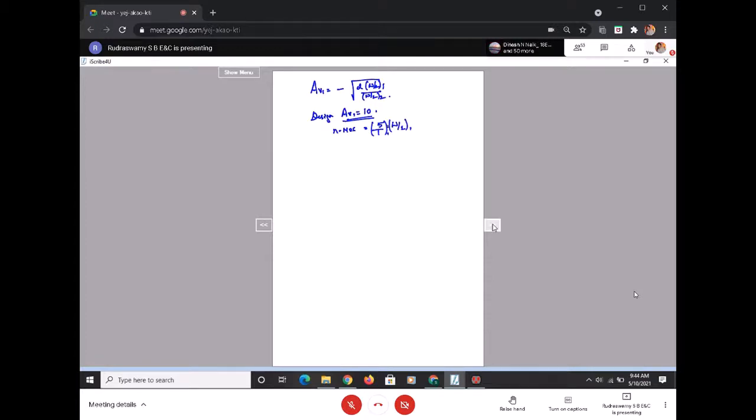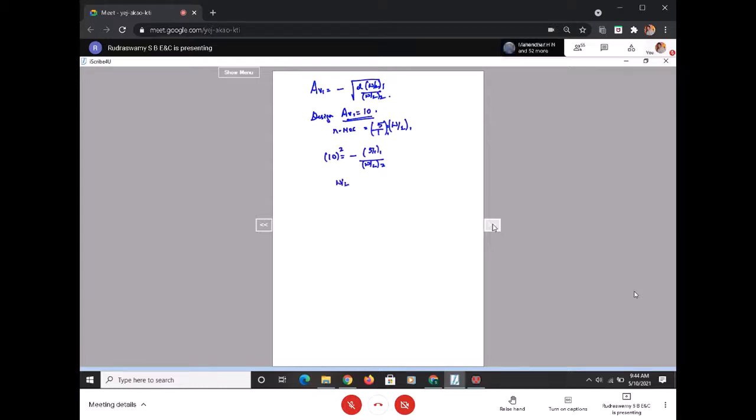Now substituting this in the above expression, I get 10 is equal to minus square root of 2 times W by L is 5 by 1 divided by W by L of 2. I will take the square root towards the left, so this becomes 10 square. Minus we are not interested in because it is with respect to the phase shift between the input and output.